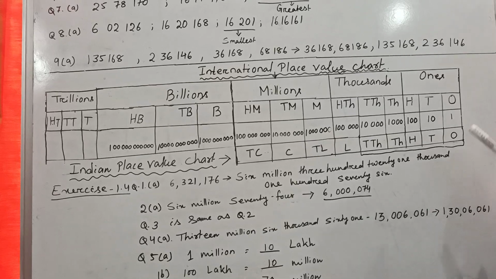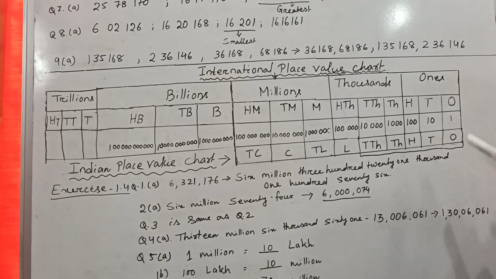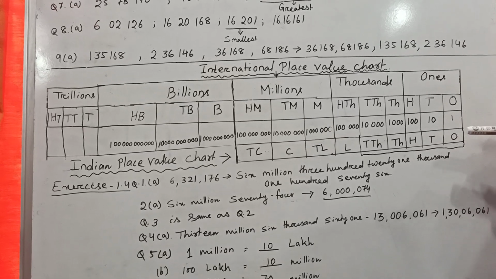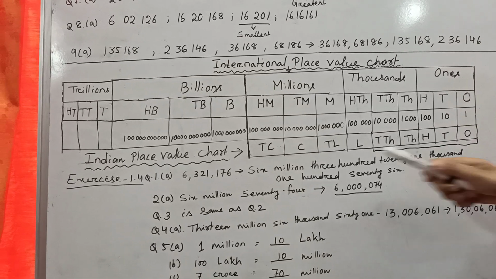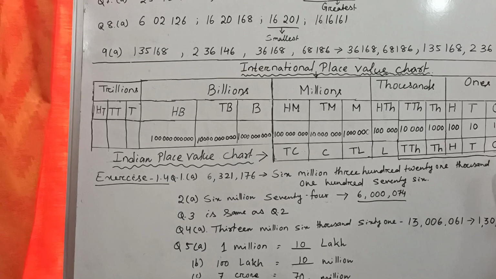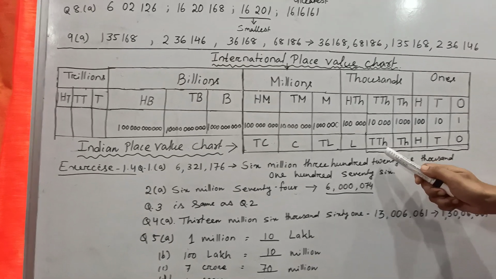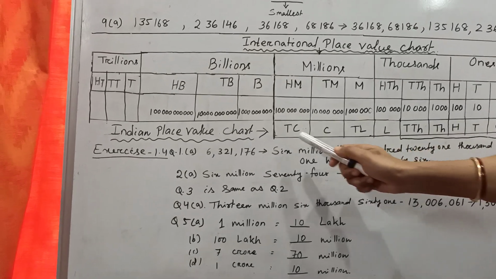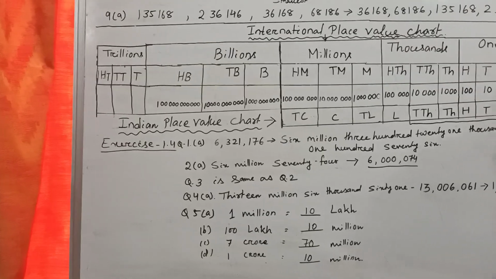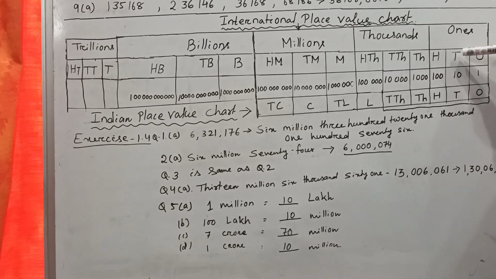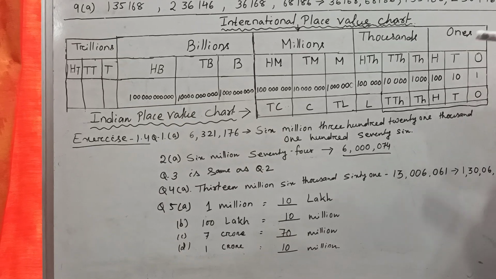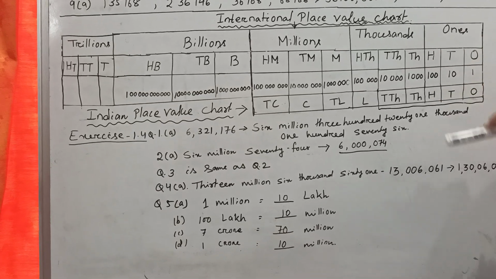Now, when we compare the Indian place value system with the international place value system, I have written here the Indian place value system: 1, 10, 100, 1000, 10,000, lakh, 10 lakh, crore and 10 crore. See, ones place, Indian and international both are the same. Tens place also the same. Hundreds place also same.